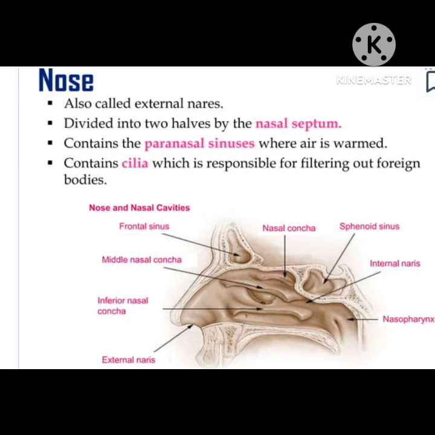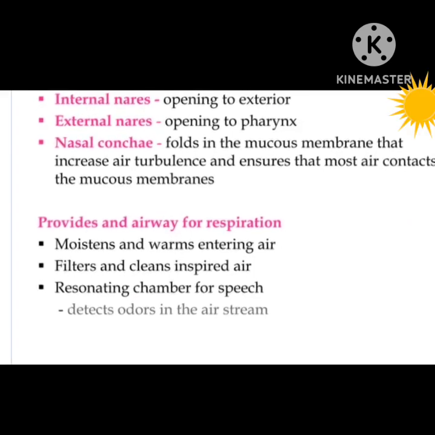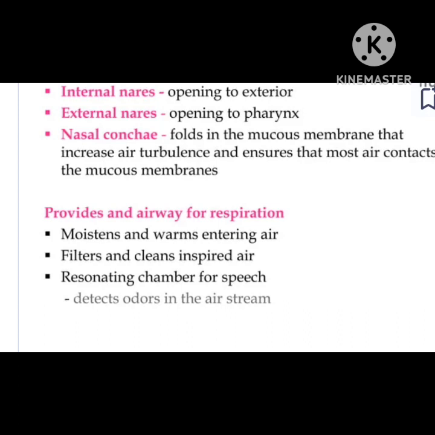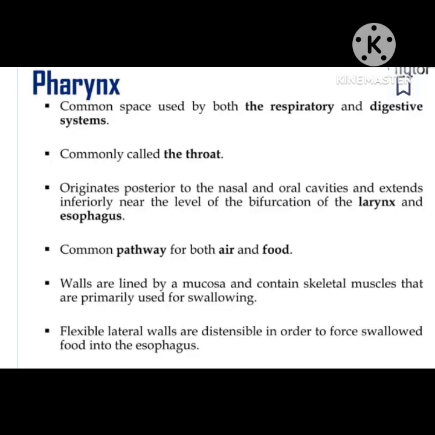It contains the sinuses, where air is warmed, and it has different types of nares, like internal nares and external nares. Internal means opening to the exterior and external means opening to the pharynx, and it also provides an airway for respiration.